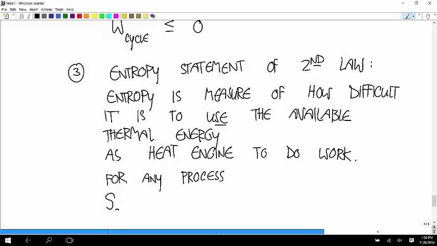The entropy for the system plus the entropy in the surroundings is greater than or equal to zero. Okay, so slowly that uselessness of the thermal energy creeps up. You know what I mean? It's more useful, and then a process happens, and it's less useful and less useful.